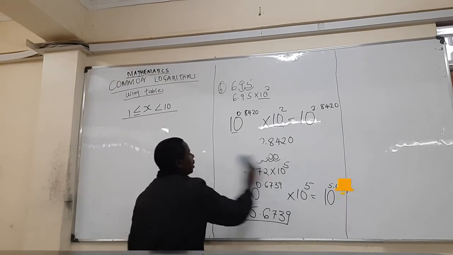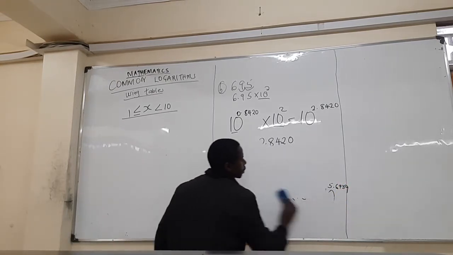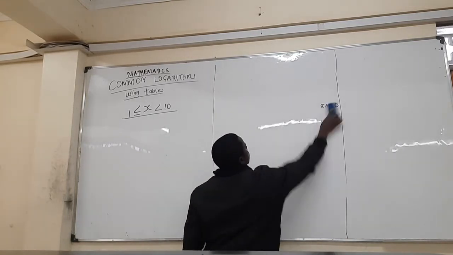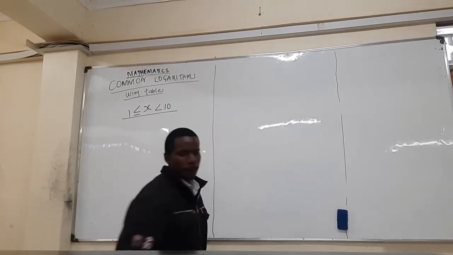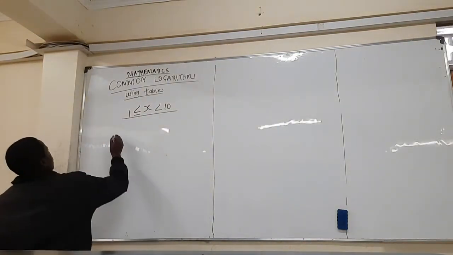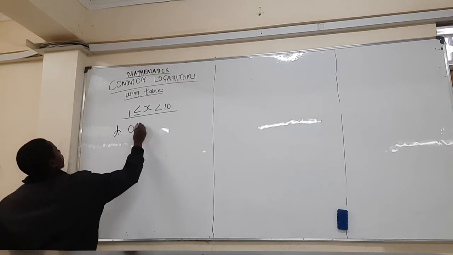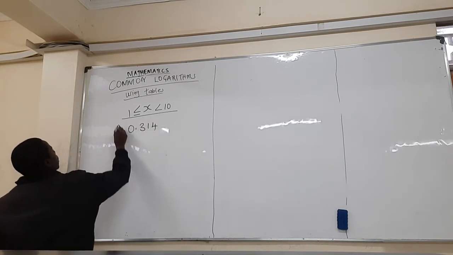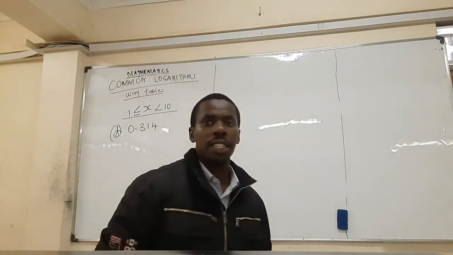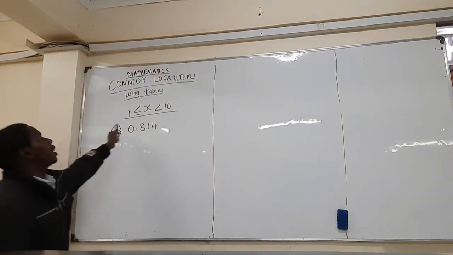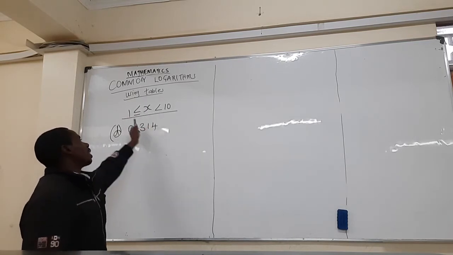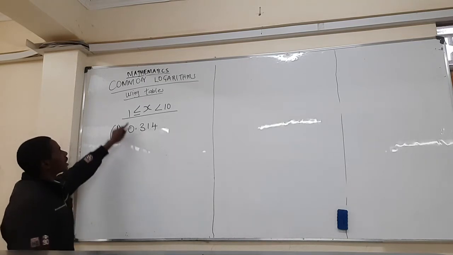So number D, we are going to have the logarithm of 0.314. We want to get the logarithm of this number. It is less than 1. Our range here using the table is greater than 1 and less than 10. Now 0.314 is less than 1.